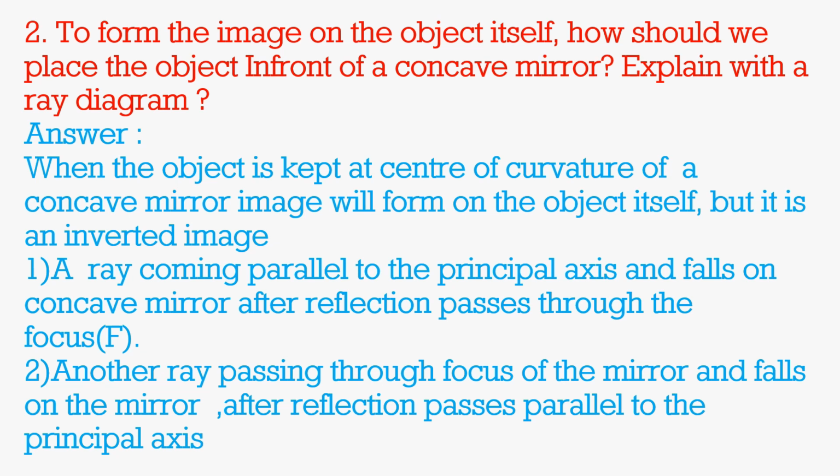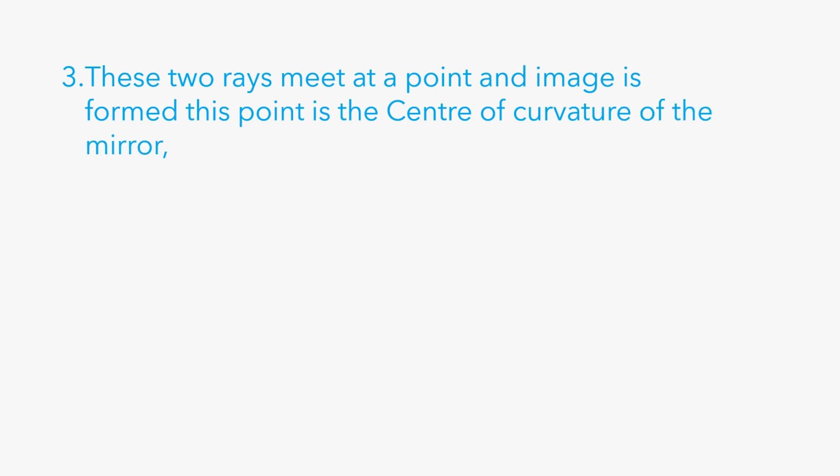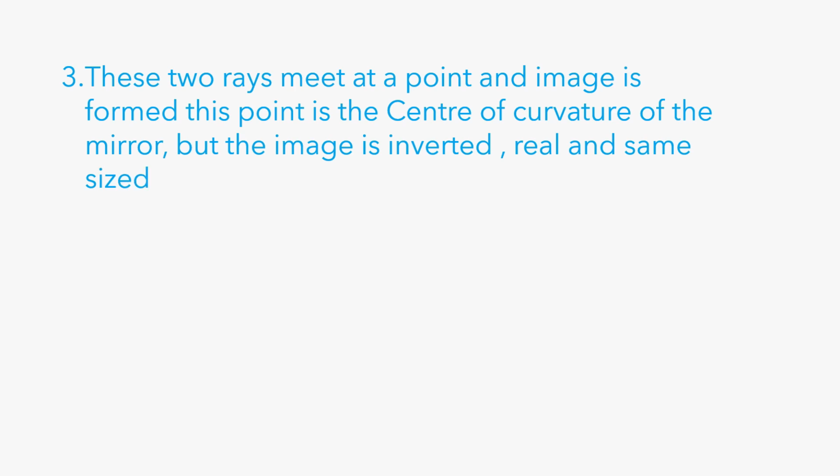Another ray passing through focus of the mirror and falls on the mirror after reflection passes parallel to the principal axis. Next point, these two rays meet at a point and the image is formed. This point is called the center of curvature of the mirror, but the image is inverted, real and same sized.